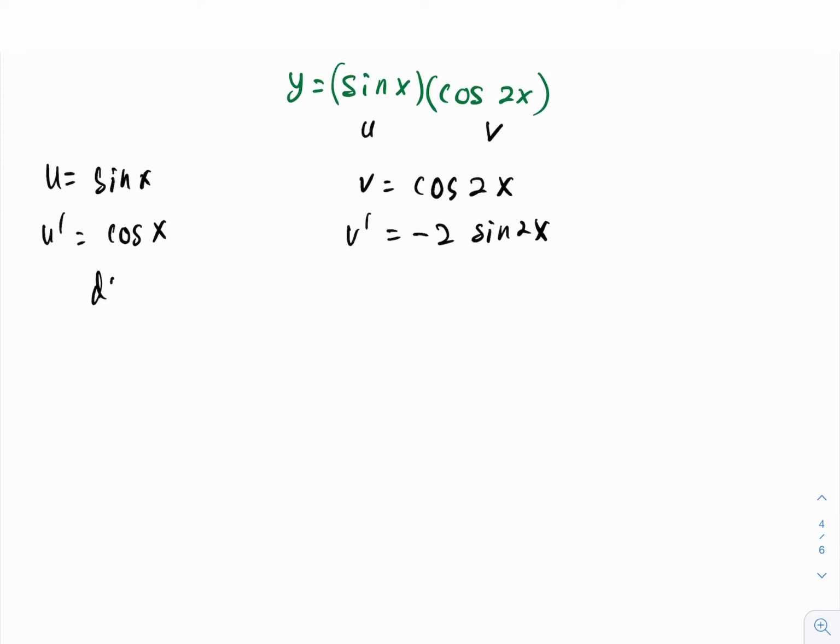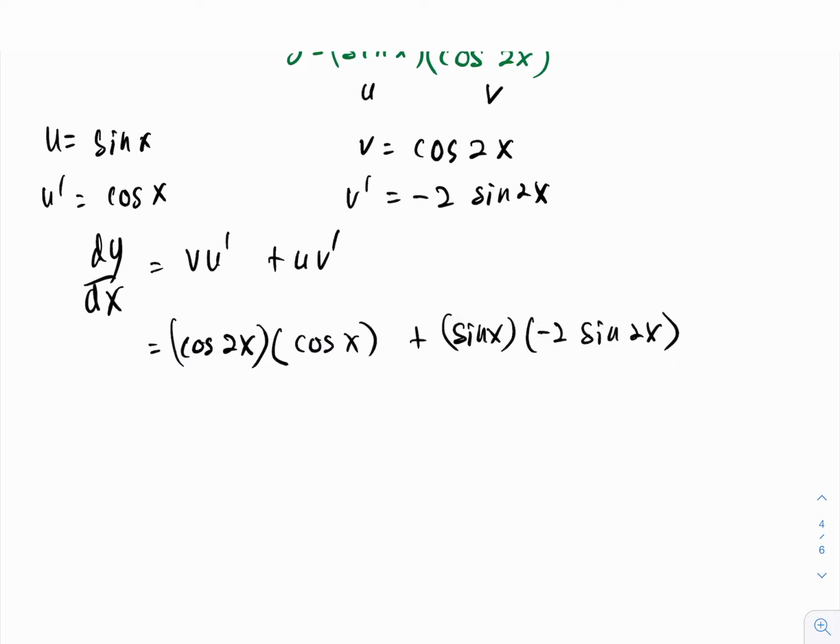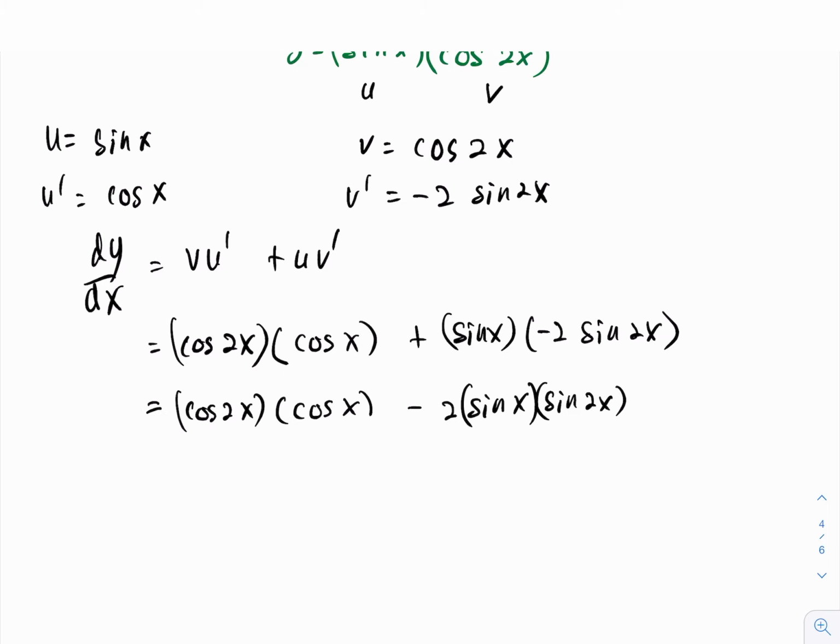Then to find dy/dx, v u prime plus u v prime, just substitute and you will get the answer. You can simplify, but as you can see here, this is cos 2x multiplied by cos x, so their angles are not the same, and you cannot simplify this anymore. So this is our final answer.